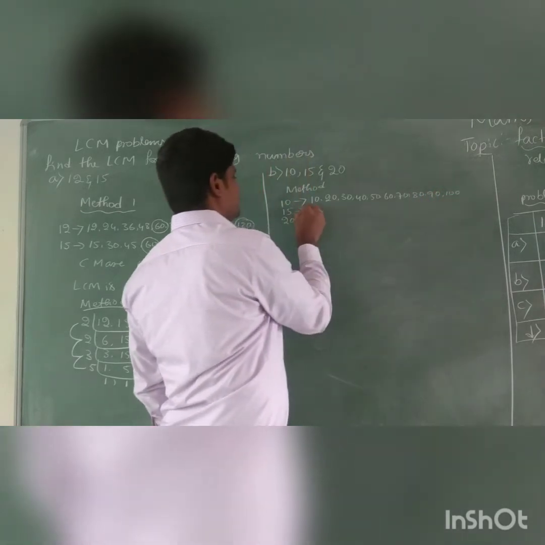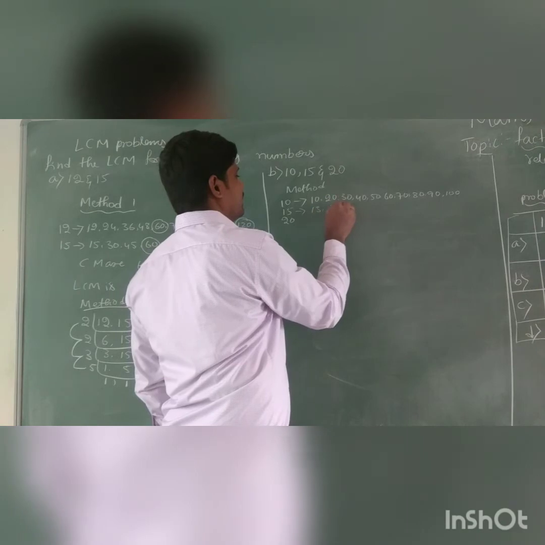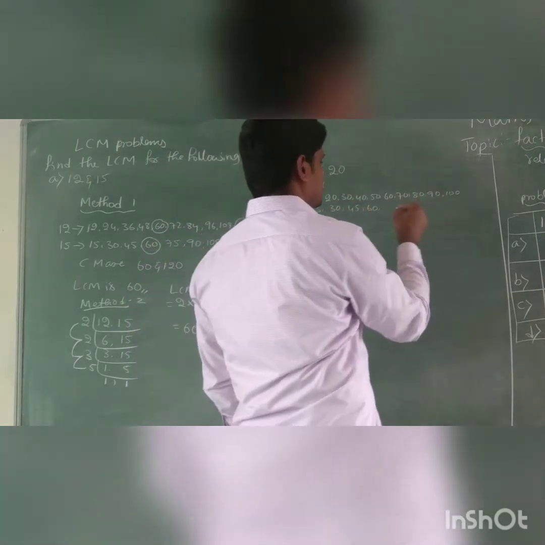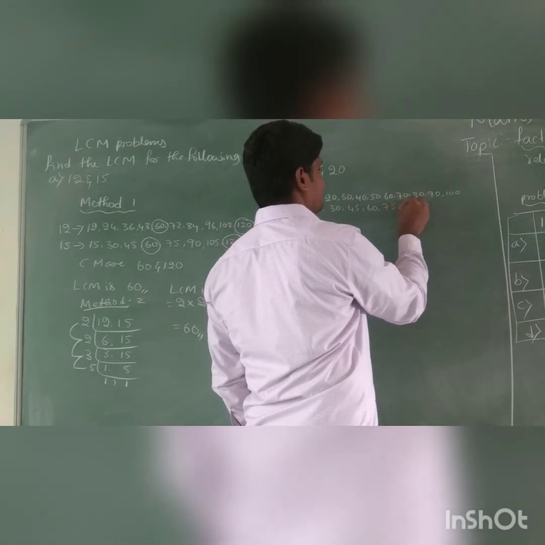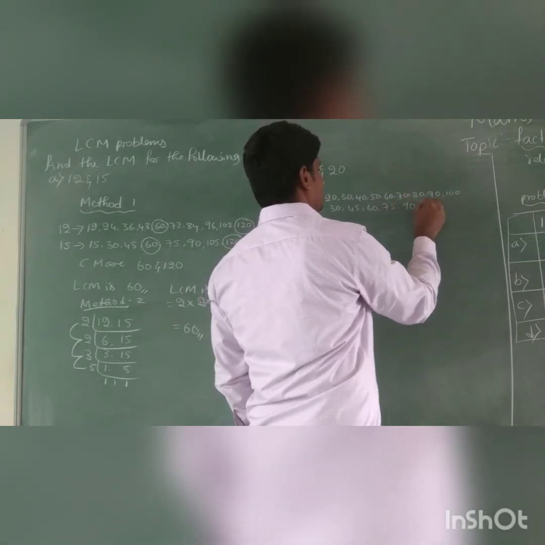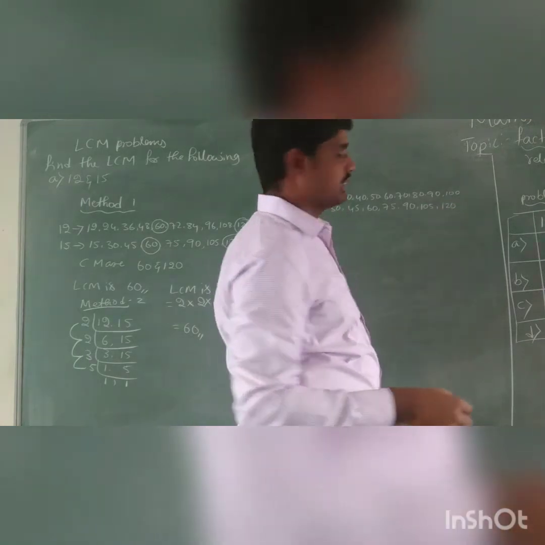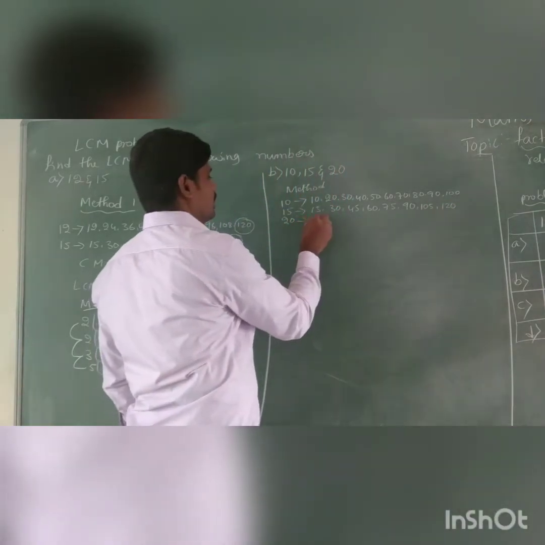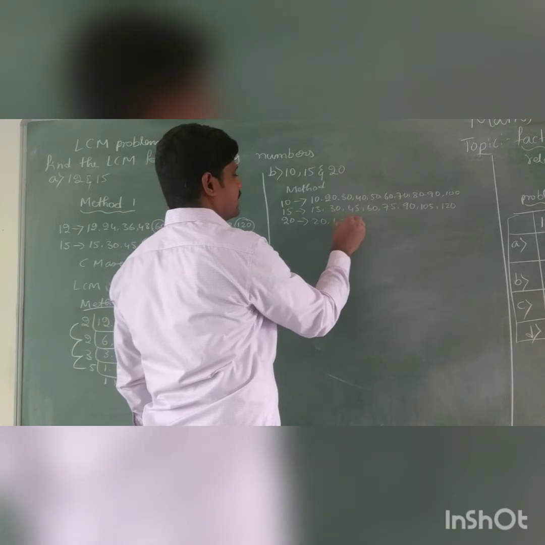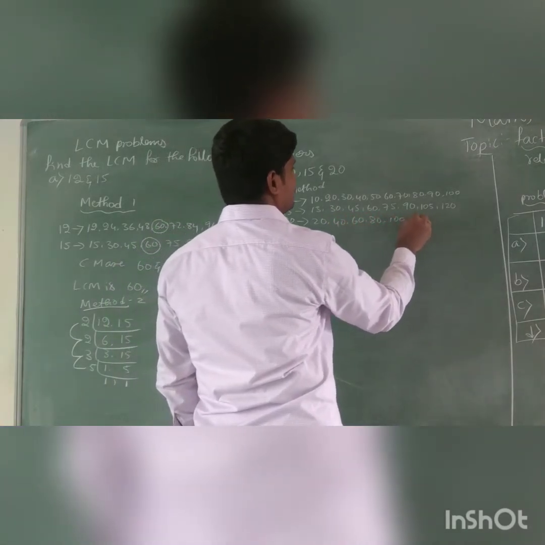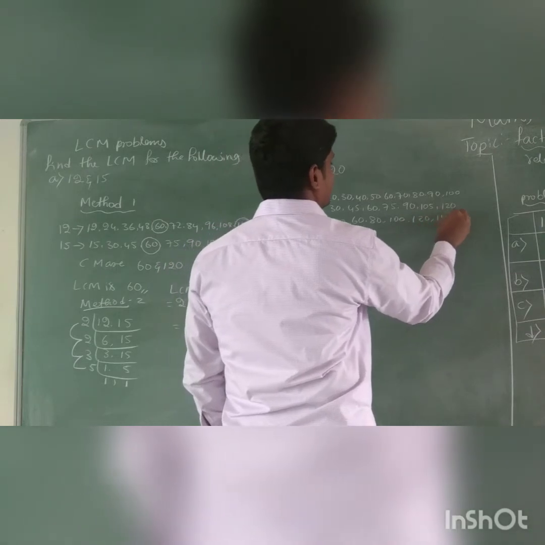Next the 15 table: 15, 30, 45, 60, 75, 90, 105, 120, like that going up. Next, the 20 table: 20, 40, 60, 80, 100, 120, 140, like that going up.